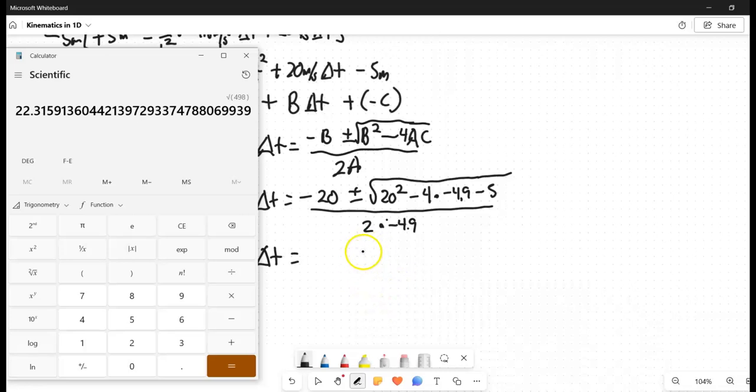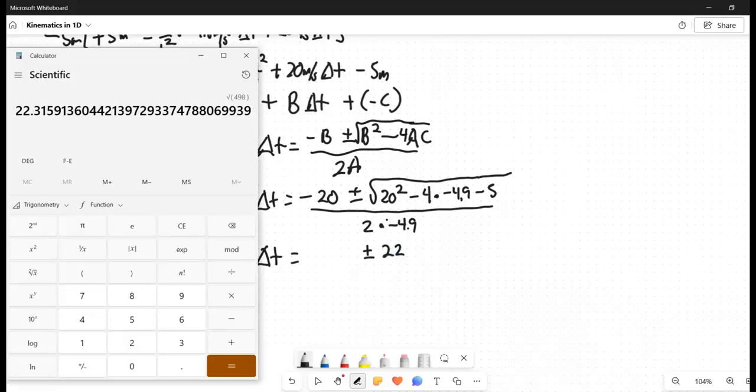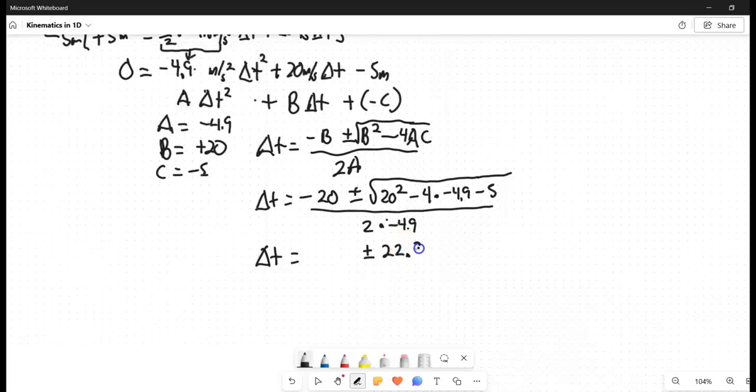22.3159. So this is plus or minus 22.3159 in there. This is negative 20. And this is going to be divided by negative 9.8. Okay.